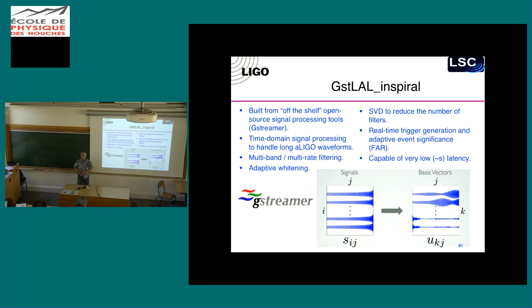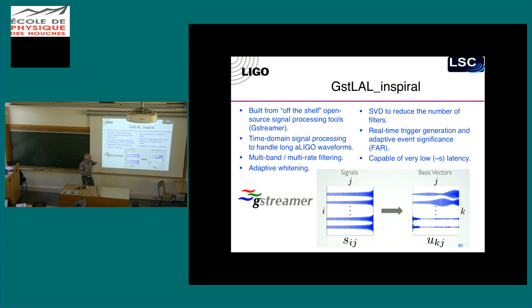Let me identify a few interesting features of the second pipeline that we use. Again, we have about 4 or 5. Here's the second. It's called GstLAL, and GstLAL refers to GStreamer and LIGO algorithm library.